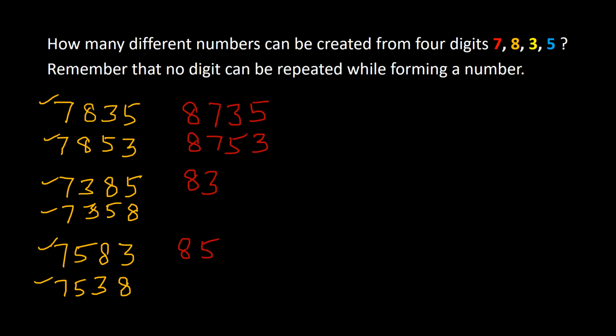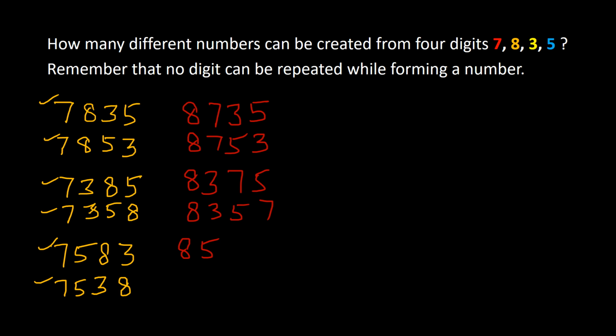Now let us go to the next number. When the first two digits are 8, 3, then the next two digits can possibly be 7, 5, or 5, 7.